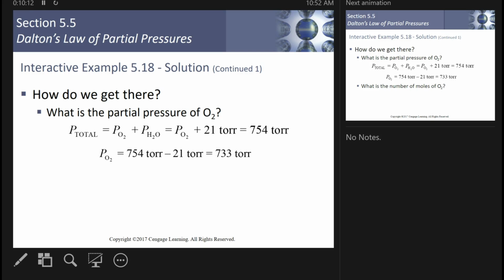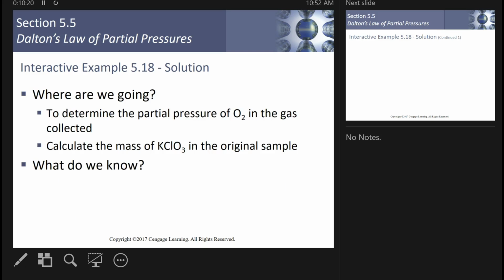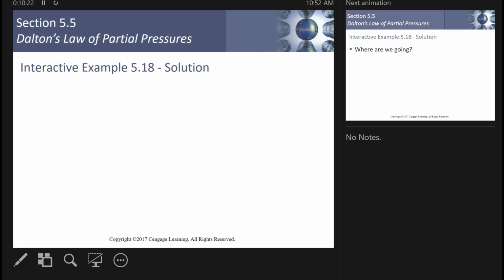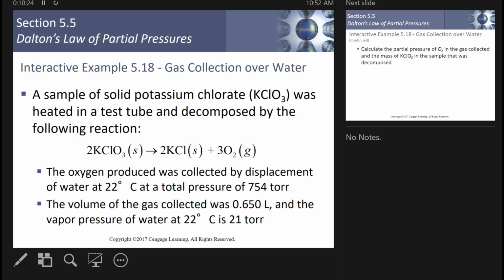What is it asking you to do? Find the mass of KClO3. Okay, so do it. Let's go back. Okay, now you know how to do it. So I'm going to leave the problem up. Okay, and you want the mass of KClO3. So now do it.